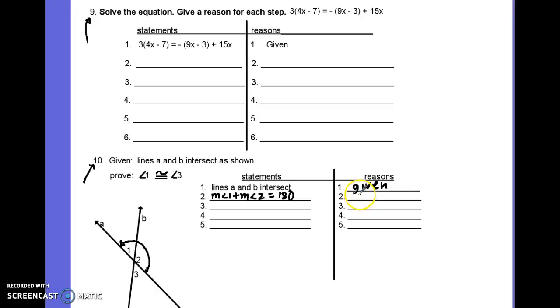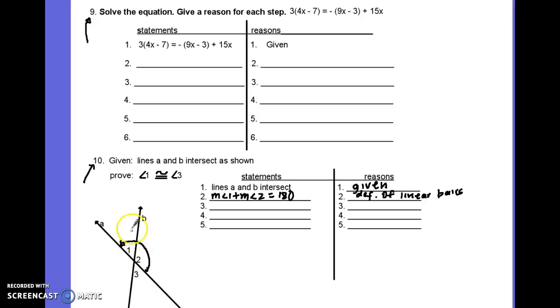So why is that so? This is the definition of linear pair. They're a linear pair of angles, or they're always supplementary.